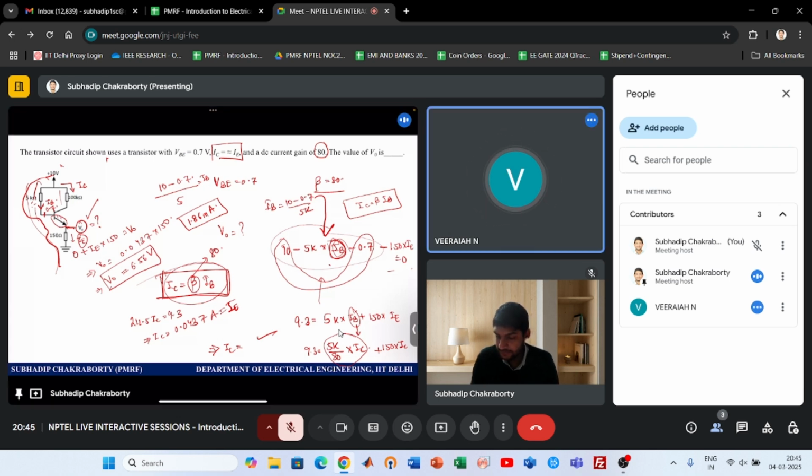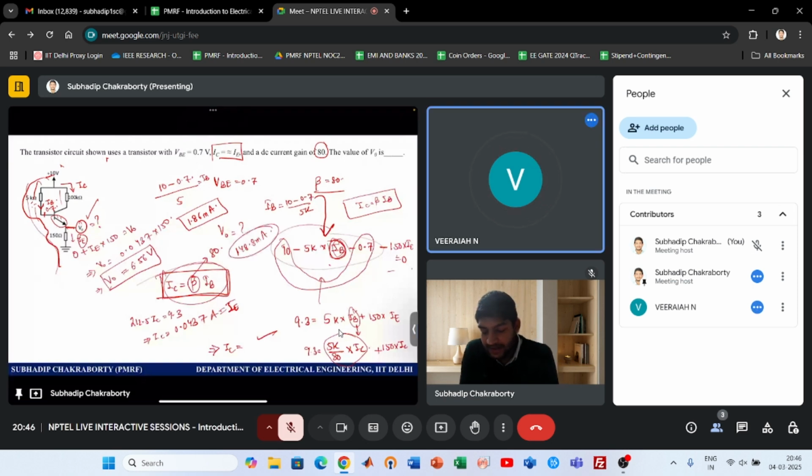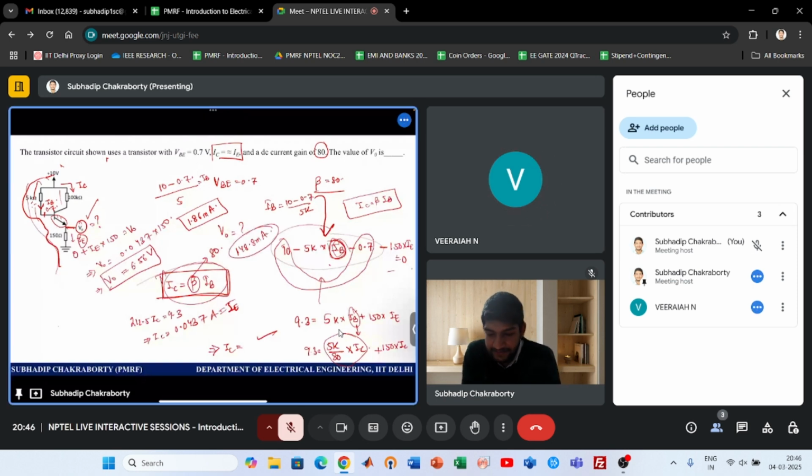Now 80 into 1.86, we got 148.8 milliamps, IC. Is it right, sir? See, what is happening? The procedure: you are doing 10 minus 0.7 by 5, okay? Yes, sir.